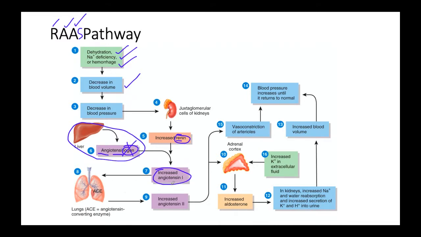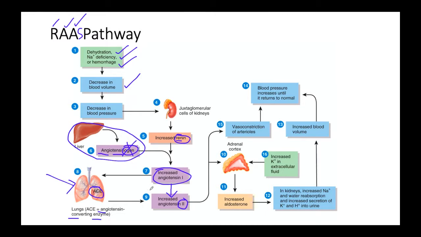Now, if there's an angiotensin 1, it leads us to believe there's an angiotensin 2. What is it that converts angiotensin 1 into angiotensin 2? That's where the lungs come into play, where it releases ACE. ACE stands for angiotensin converting enzyme.